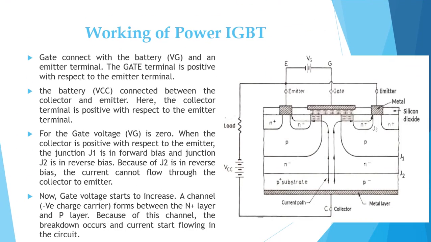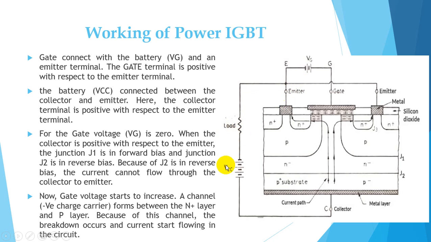Working of power IGBT. Look at the diagram very clearly. There is a VCC. The battery positive terminal is connected to the collector and the negative terminal is connected to the emitter.